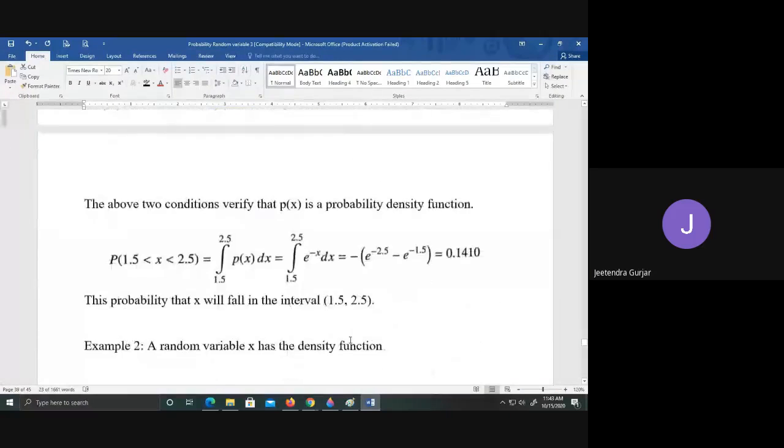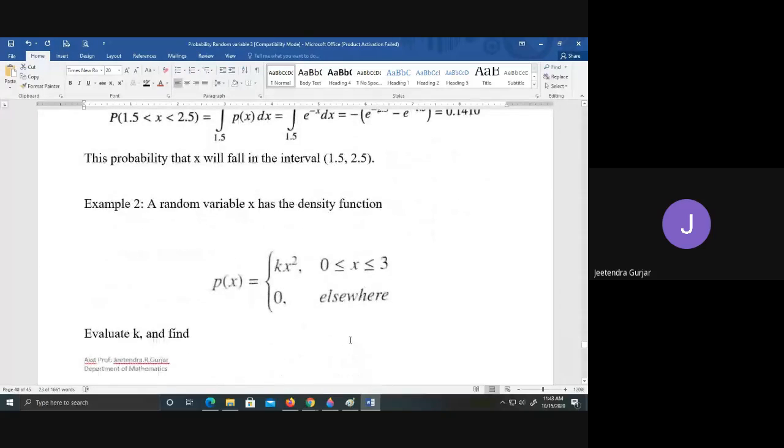This is what I have given here. Now please try the second example. You can write it down and please try the second example, students.